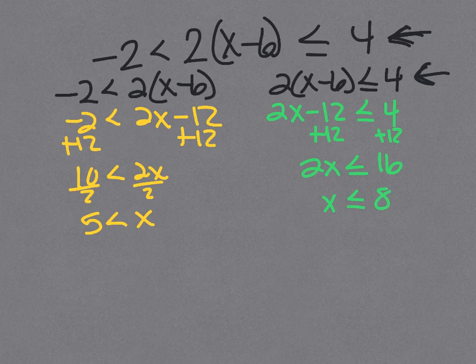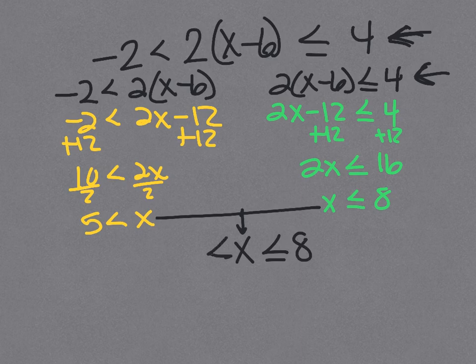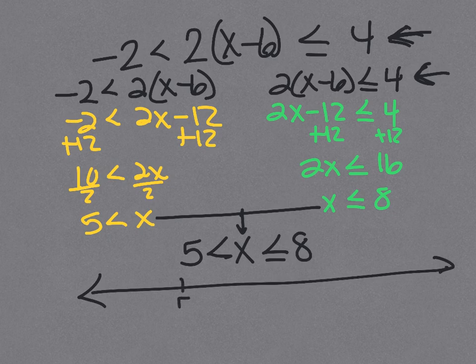Okay? So to write that in combination, these 2 x's come down here. All right? X, just bring your signs, less than or equal to 8, but it's greater than 5. So on the number line, between the numbers 5 and 8. 8, we have a solid circle. 5, we have an open circle.